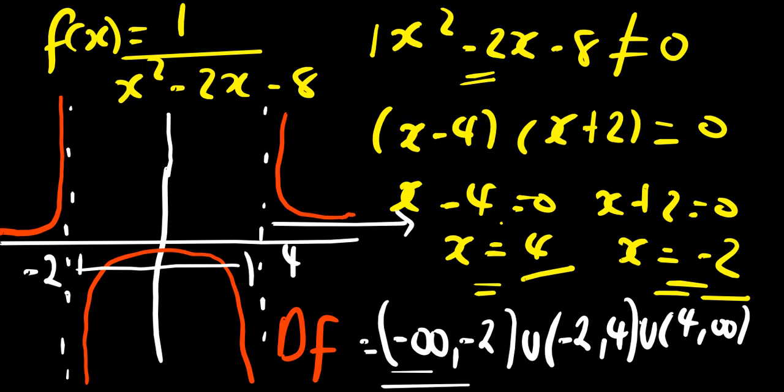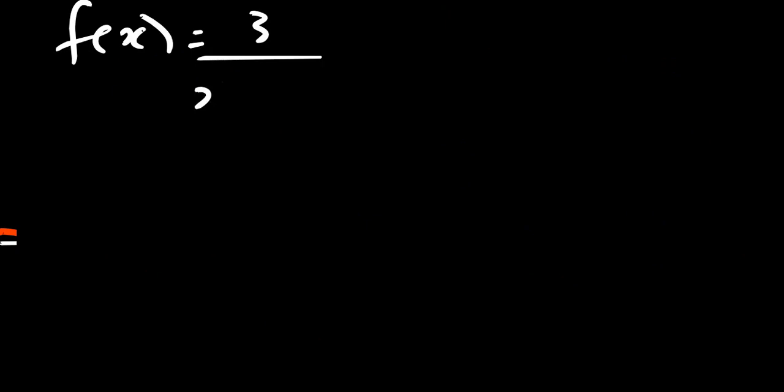Okay, let's also solve D. D is saying f of x equals 3 over x cubed minus 16x. Like we've said, this is a rational function, it's a fraction actually, so the denominator cannot be equal to 0.